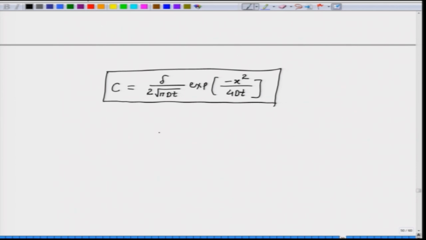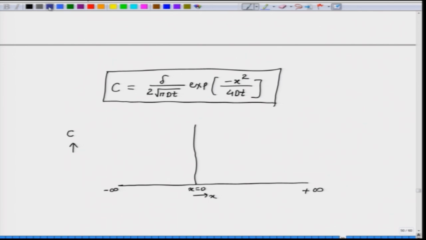If we plot this, on my y axis is concentration, x axis is x, this is x equal to 0, minus infinity, plus infinity. Obviously, the solution is symmetric because d is constant.